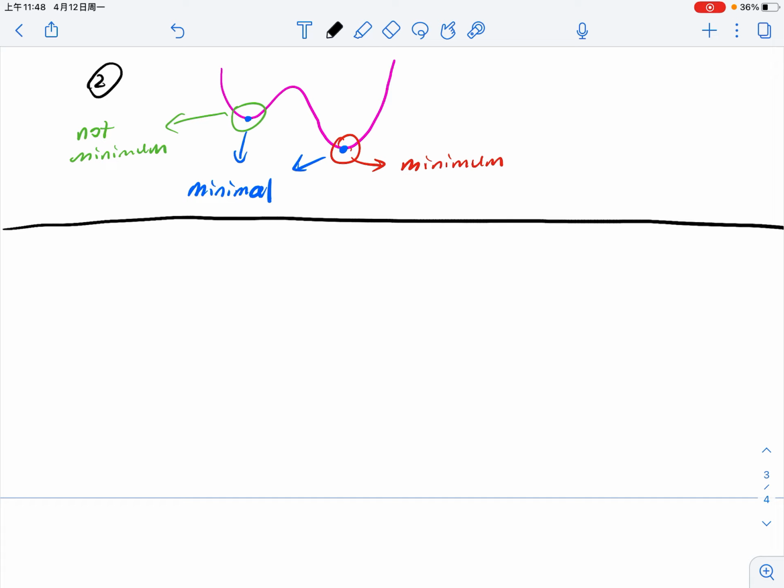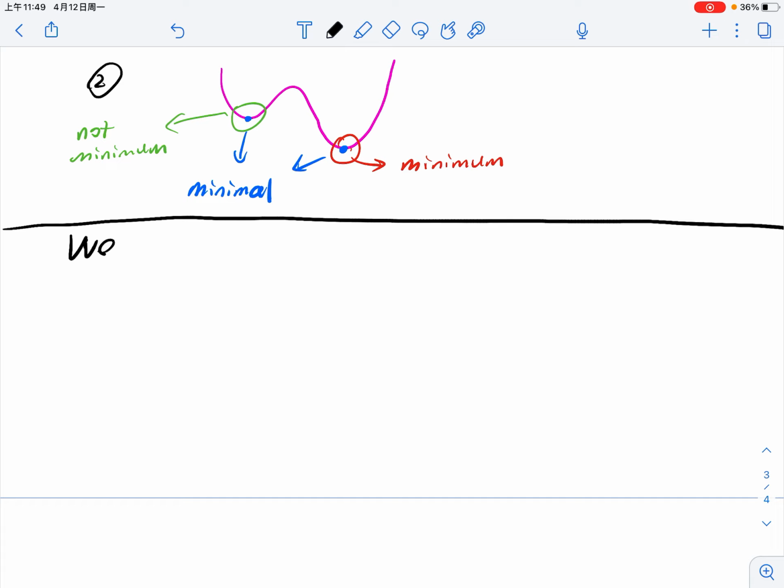For the global minimum, usually you do the derivative test to find all the local minimums and then evaluate the value at those points and then pick out the smallest one or largest one. So the same thing here. The global minimum is very hard to control, but the local minimum is relatively easy.